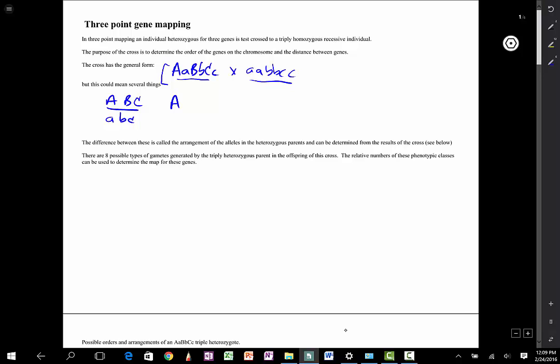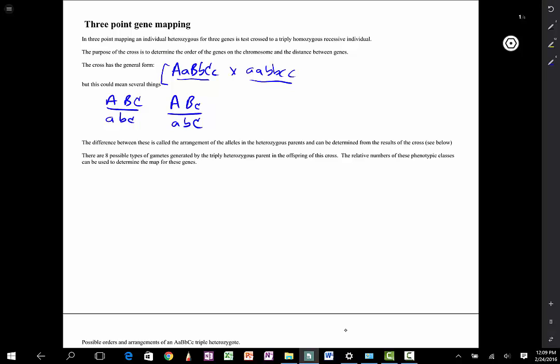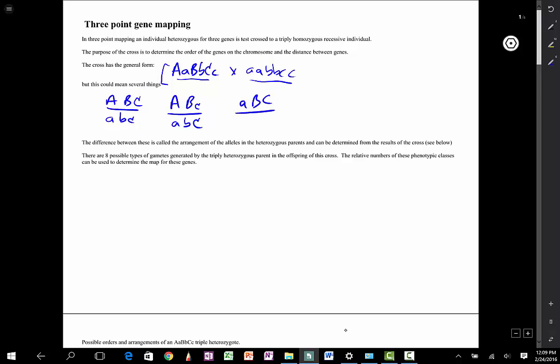But it could also be something like this, where we got a little c on top and a big C on bottom. So A and B are coupled, but C is in repulsion to the other 2. You could have B and C together and something like that. And all the different ways that you can think of getting those are possibilities.